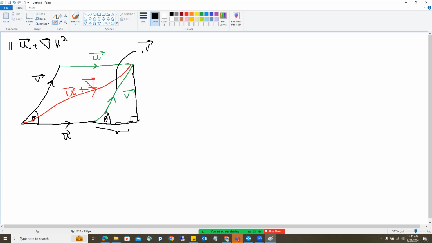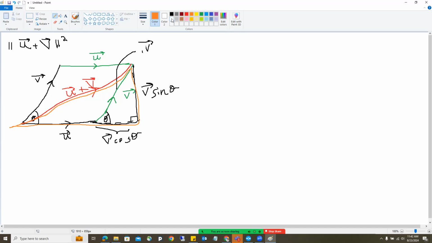Now this length was representing vector v, so here we have the v cos theta vector and here the v sin theta vector. I just divide this entire one into sine and cos, for the adjacent as well as the opposite side. Now I'll apply the Pythagoras theorem to this entire right angle triangle.